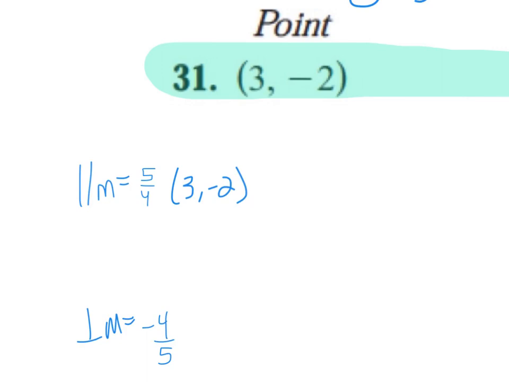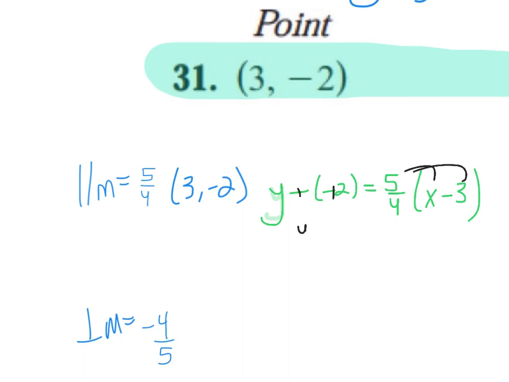So I'm going to say y minus, what's the y part? -2. So y minus -2 equals 5 over 4 times x minus what? 3. So minus the negative is? Plus. Okay. Distribute the 5/4, so I have y plus 2 equals 5 over 4x minus 15 over 4, right?